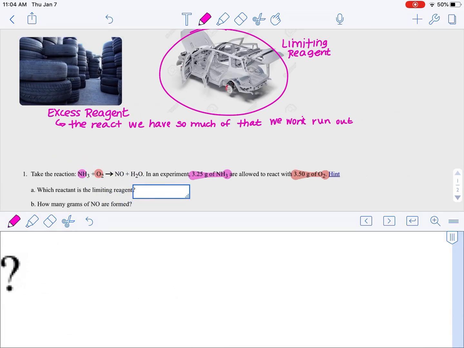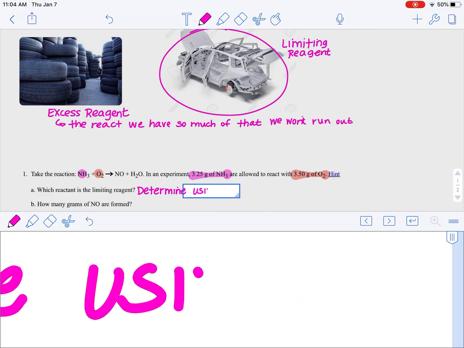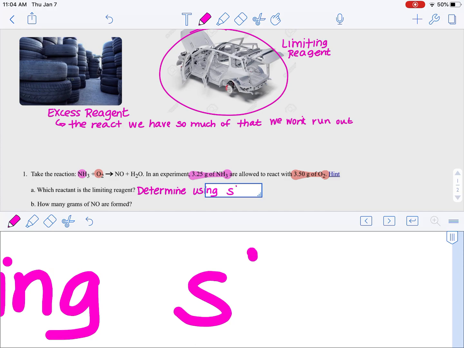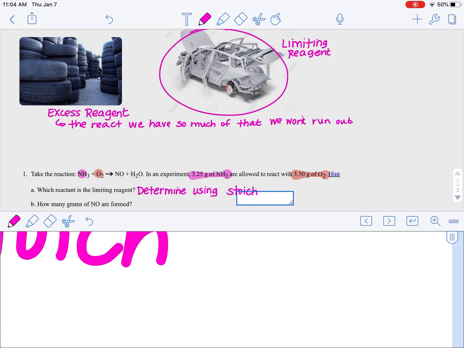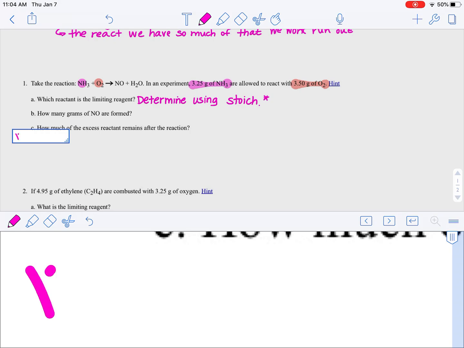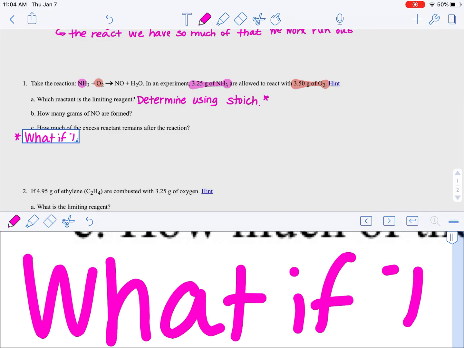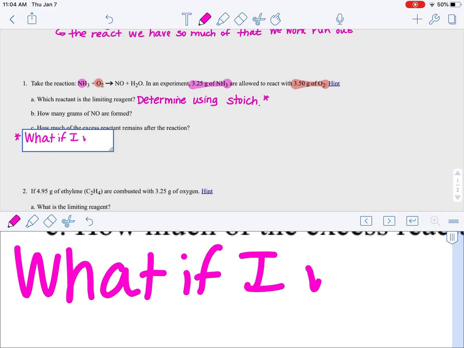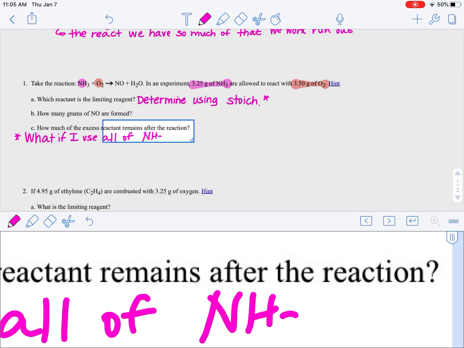So to answer that first question, which reactant is the limiting reagent, we must determine, using stoichiometry, and I'm going to abbreviate stoichiometry Stoich, S-T-O-I-C-H, and I'll put a little asterisk because I'll need more room for this. We're going to set up a scenario. What if I use all of the NH3?